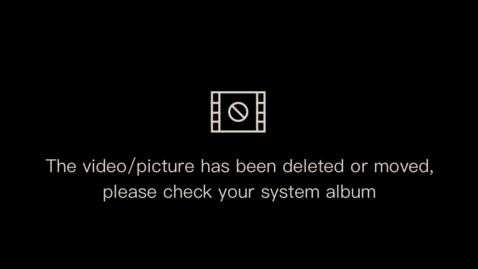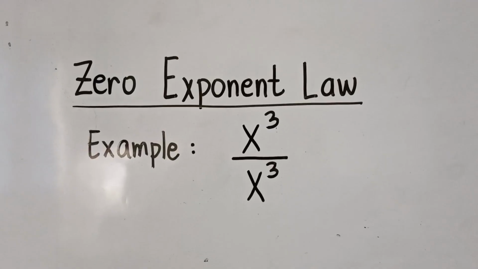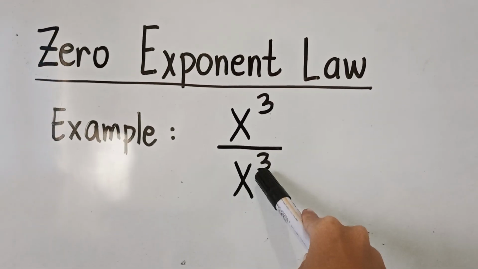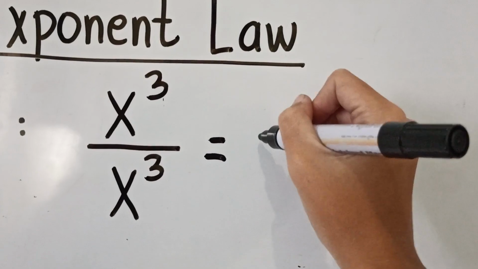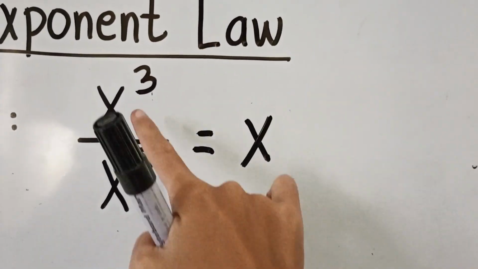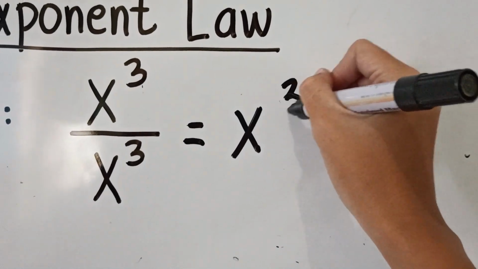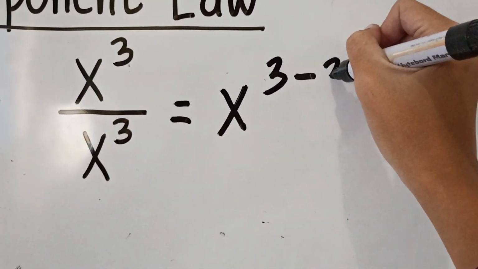Last, we have the zero exponent law. If the variable has 0 as an exponent, then it is equivalent to 1. Let's have some example. We're gonna have still an example like quotient law, since zero exponent law is just related with quotient law. So we're gonna have x, since x is the common variable. So we're gonna have 3 and then minus 3.